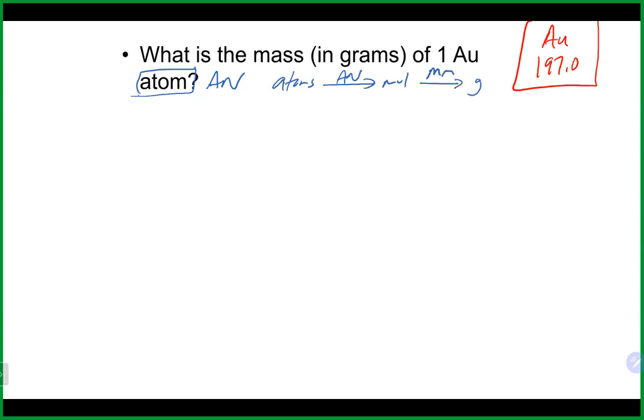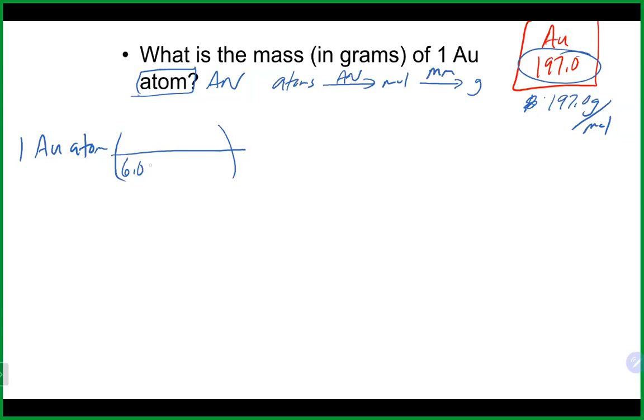That's the pathway. For gold, the molar mass is 197 grams per mole. So starting with one gold atom, we use Avogadro's number, which goes on the bottom so that the atoms cancel.